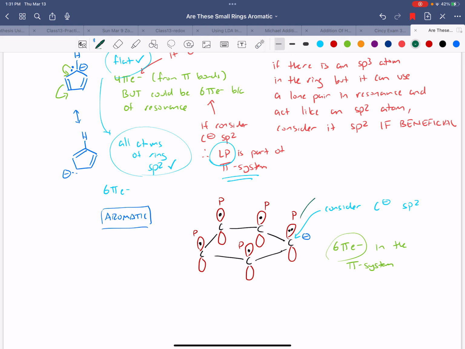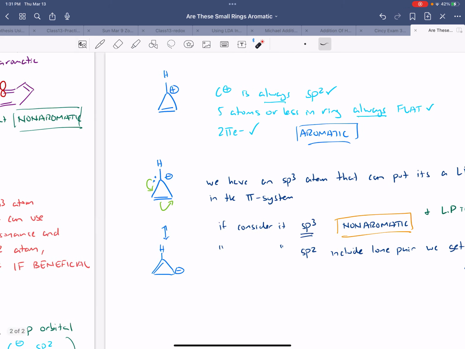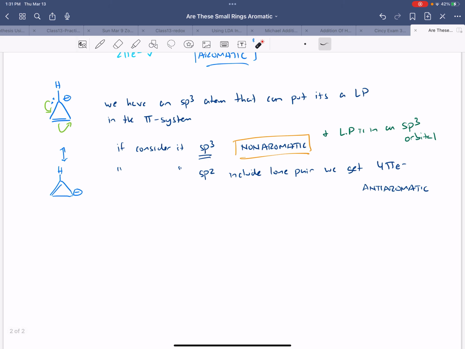Here, the lone pair is in a p orbital because we want it to be part of the pi system. This is good. We want it to be part of the pi system because it is, again, aromatic. Okay? So we don't have this picture for the three-membered ring anion because it is sp3 hybridized.